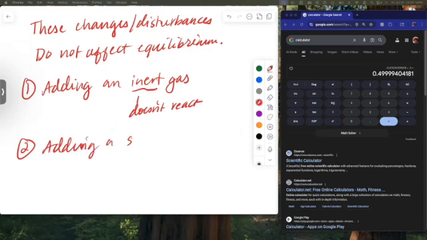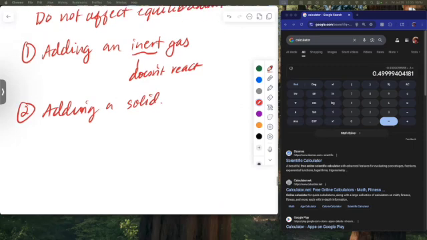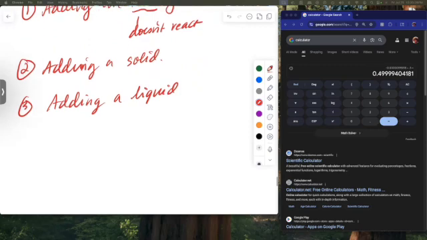Number two, adding a solid. Remember, solids don't change significantly to affect equilibrium, so nothing happens with that. Number three, adding a liquid. Once again, this is nothing towards your equilibrium, so nothing. And then what was the last thing again? Oh, yeah. Adding a catalyst. Does the catalyst affect the equilibrium?